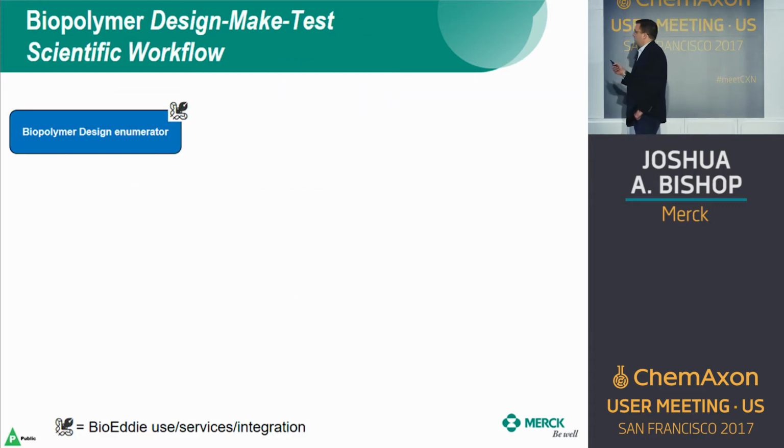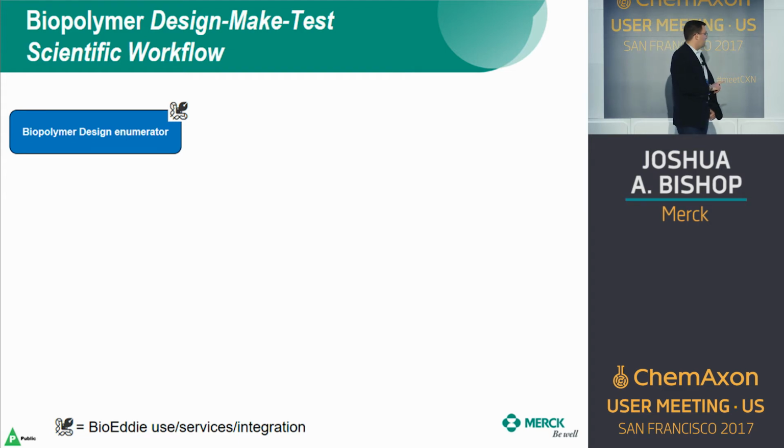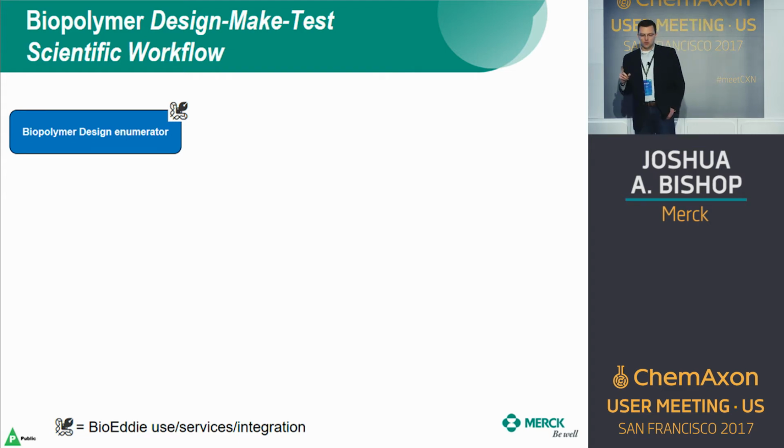So the design, make, test paradigm for biopolymers. We're going to look at this from a scientific workflow first, and then we're going to talk a little bit about a quote-unquote technology stack that we're designing for this. We've got that little logo up there, the BioEddie logo, for use or services or integration across the tools that we're working with. So our biopolymer design enumerator.